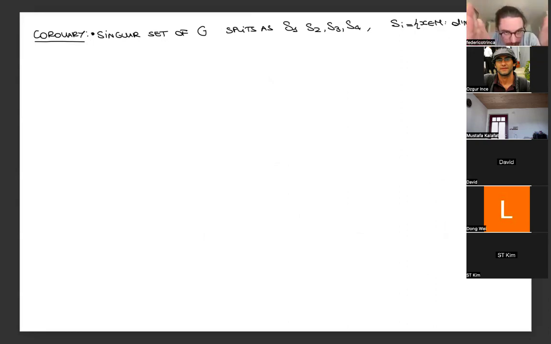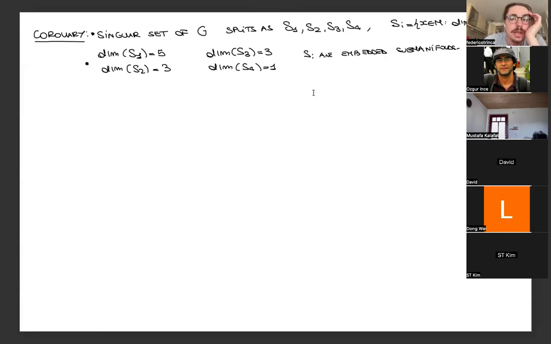What we know now is that the singular set of my group G splits my manifold into 4 embedded manifolds, S1, S2, S3, and S4, which are characterized by the dimension of the stabilizer at the point. And you can compute the dimension of each of these singular sets: these are 5-dimensional for S1, 3-dimensional for S2 and S3, and 1-dimensional for S4.